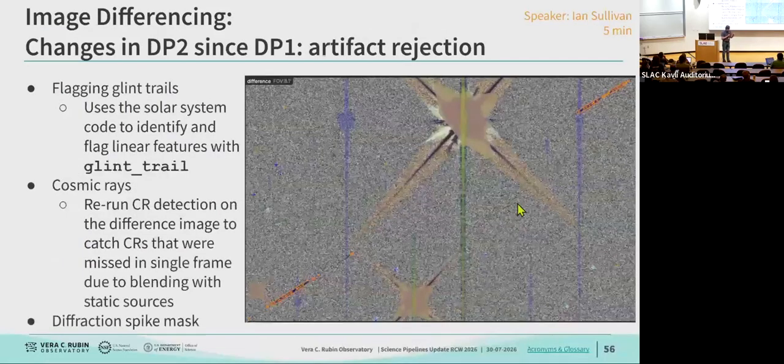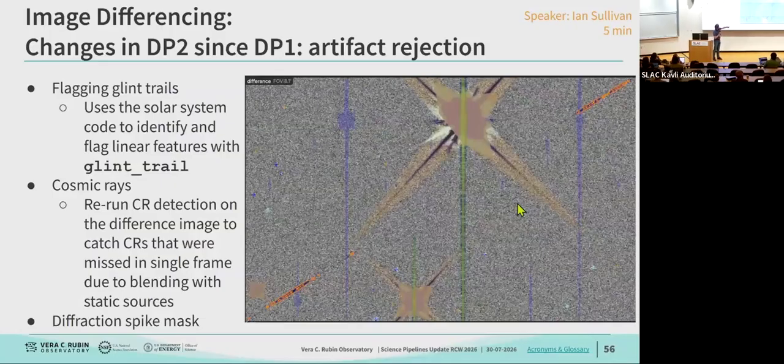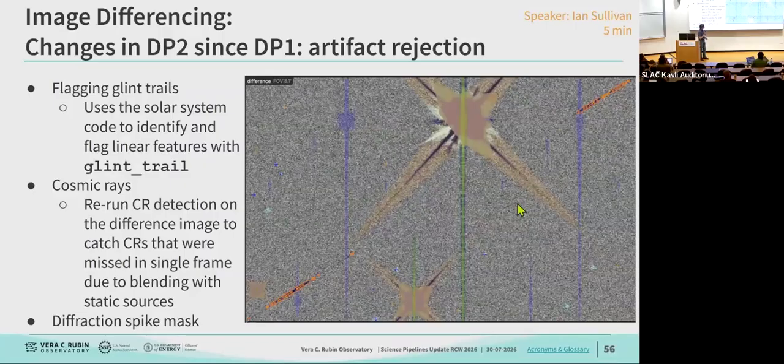I wanted to now talk about some of the major changes in difference imaging from DP2. There are a few key features that I wanted to highlight here. One is these glint trails. Here I have highlighted some satellite debris that is showing up as an inconsistent trail across one image.